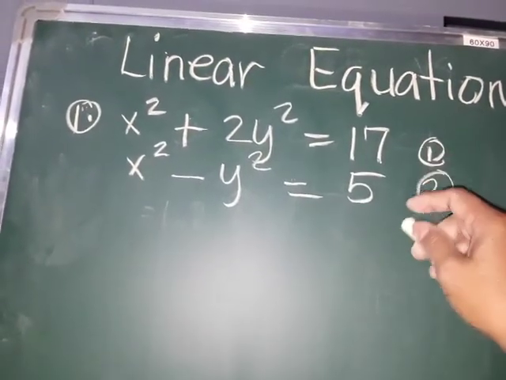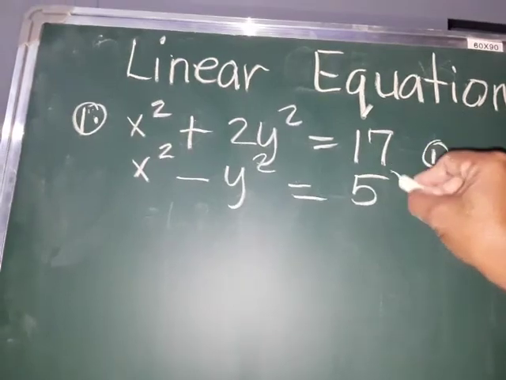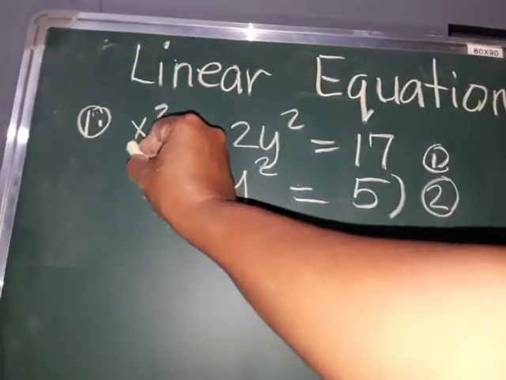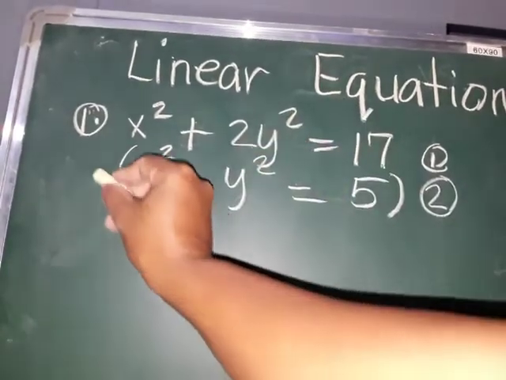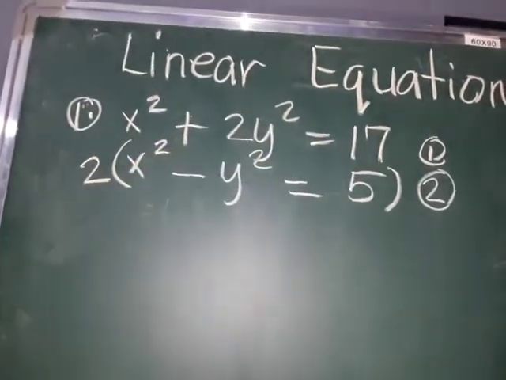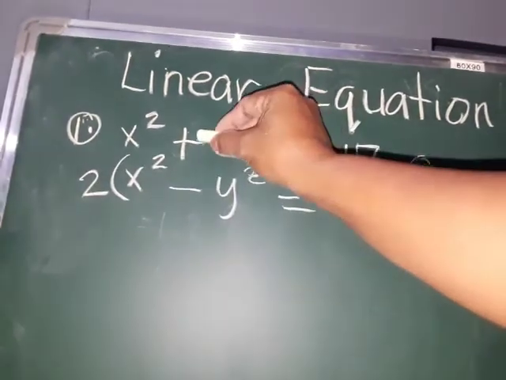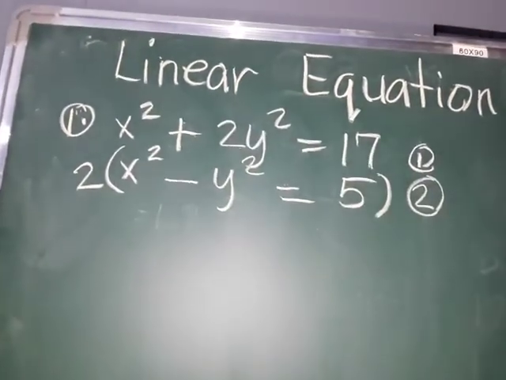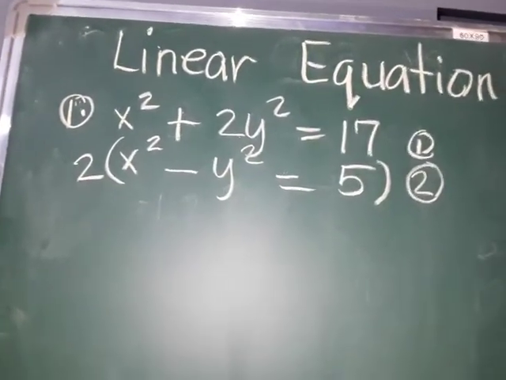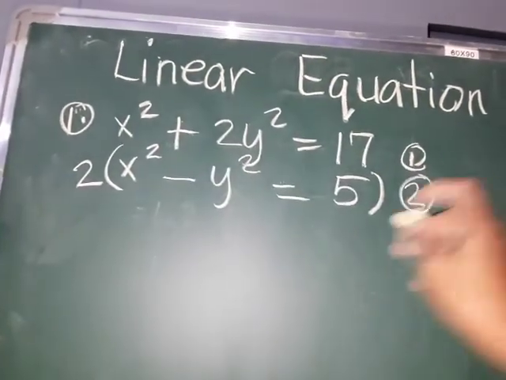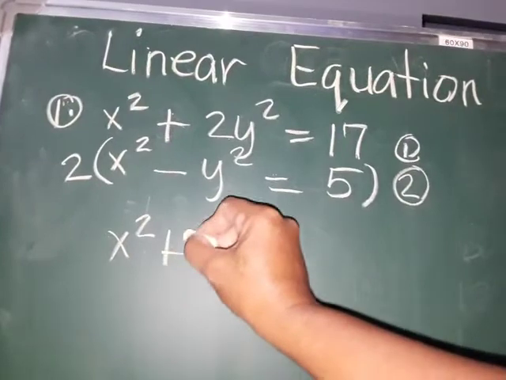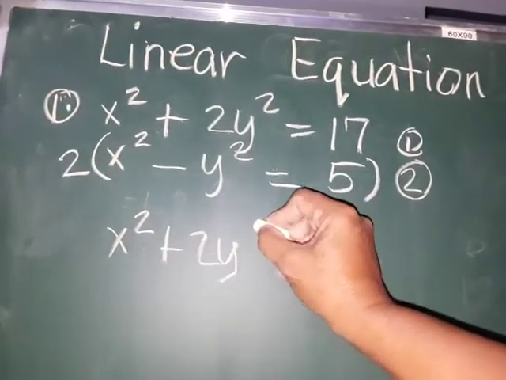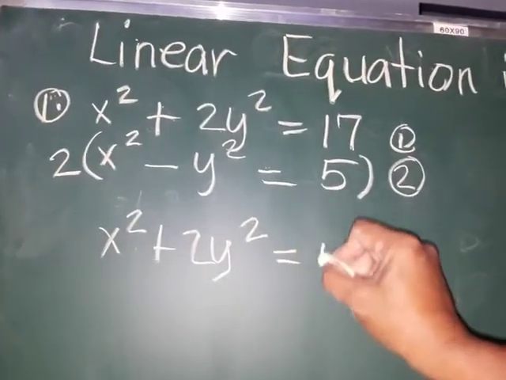We're going to multiply equation number 2 with positive 2. Why positive? Because this is already positive and negative. Next, we copy equation 1: x squared plus 2y squared is equal to 17.